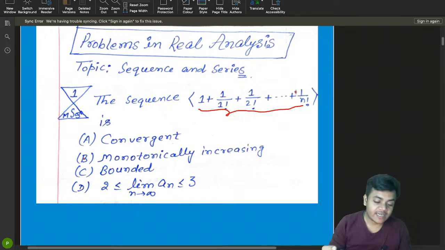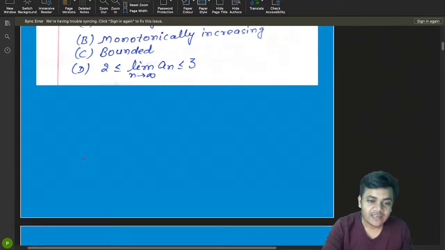After that, I would like to discuss its boundedness, and thereafter we will try to find its limit as n tends to infinity. So step by step we are going to understand, and certainly everything will be discussed beautifully.